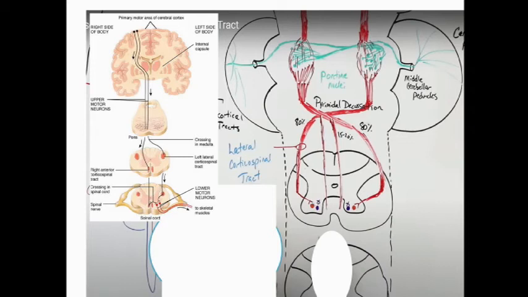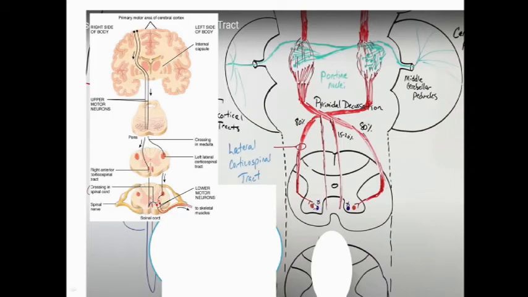Up to this spinal cord, all these fibers arising from the left motor cortex, up to the pons, up to the medulla oblongata, and up to the gray horn of the spinal cord.